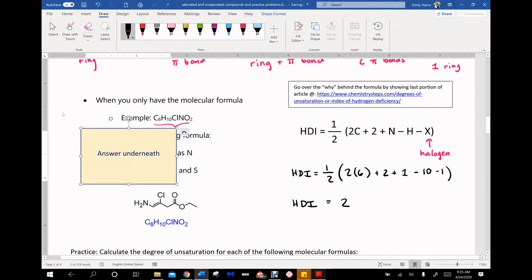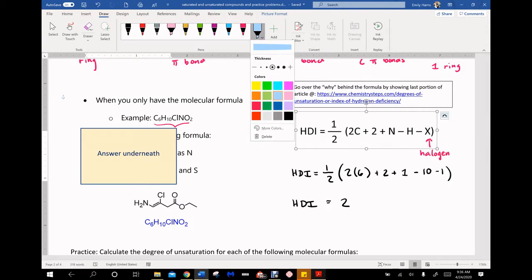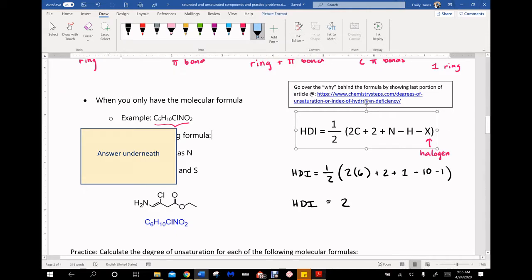And right quick, let me show you a little bit about why the formula is put together the way it is. There's a good article on it that explains the why that you can click on here, but I'm going to try to do it short and sweet for you. When you have a halogen, the reason why you subtract is because halogens tend to take the place of one of your hydrogens, all right?